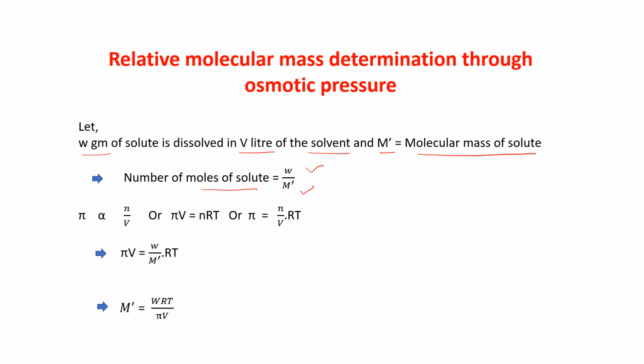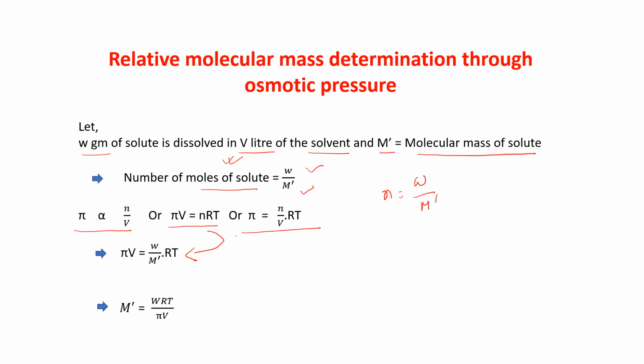Now, pi is proportional to n by V, that we already got, or pi V is equal to nRT, or pi is equal to n by V RT. From this we can write pi V is equal to, in place of n, the number of moles of solute, W by M dash.